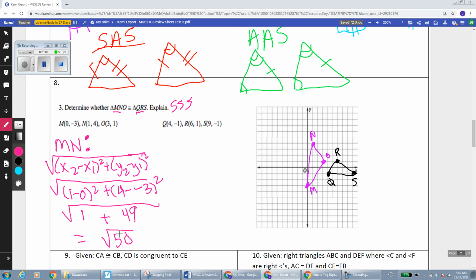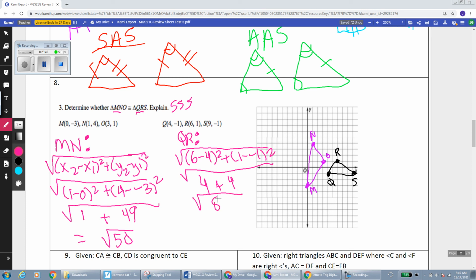Okay, let's also find the length of QR, which we said is the side that's corresponding to MN in the black triangle. So plugging into the distance formula with points Q and R, the x coordinates are 6 and 4, and the y coordinates are 1 and negative 1. So we have 2 squared, which is 4, and we have 2 squared again, which is 4, which gives us radical 8.